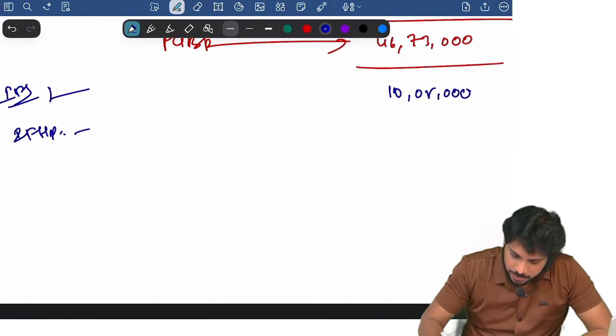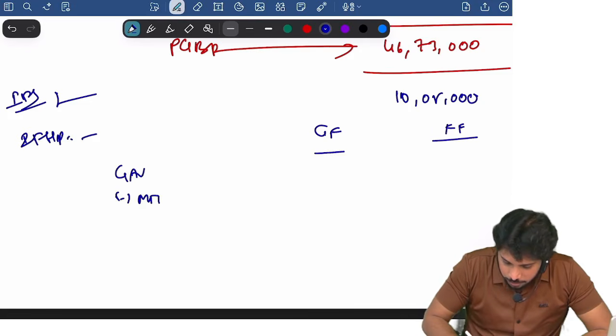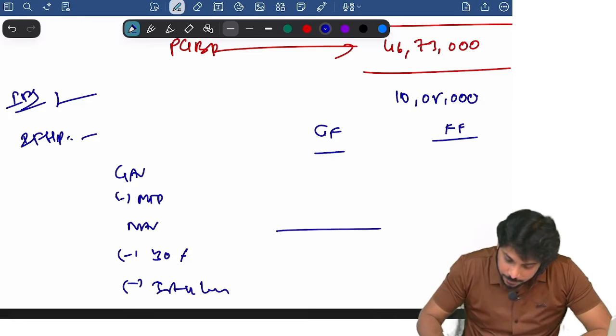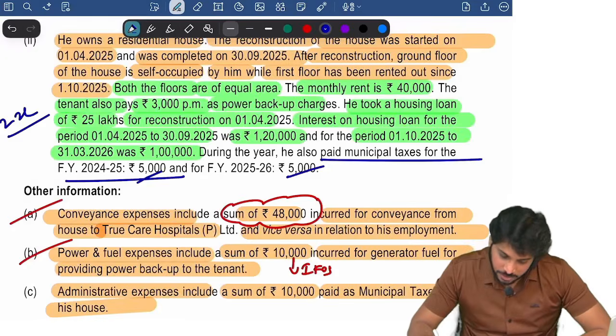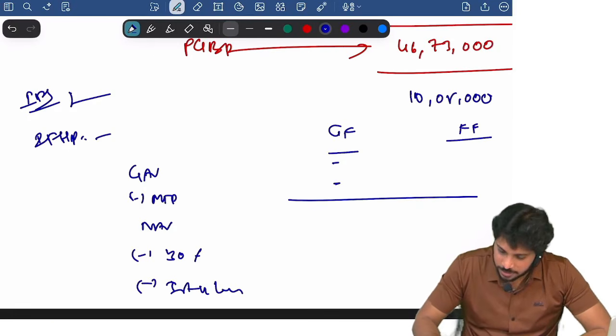Income from house property. So here, ground floor, yes or no? Then first floor. I will apply gross annual value minus municipal taxes paid, net annual value, minus 30%, minus interest on loan. Correct? So, ground floor is self-occupied. First floor was rented out. Correct. Ground floor is self-occupied, so NAV is equal to 0.